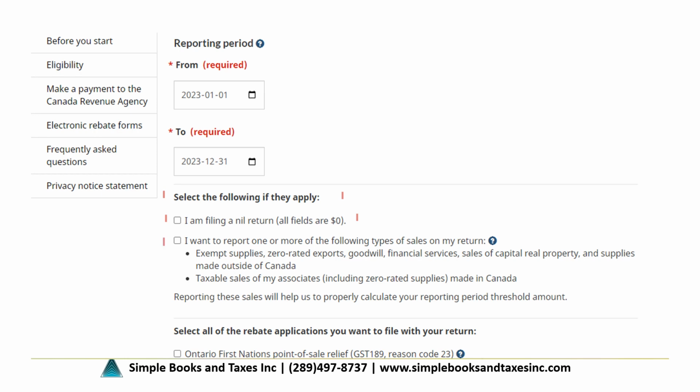Or about sales, I want to report one or more of the following types of sales on my return: exempt supplies, zero rated exports, goodwill, financial services, sales of capital real property, and supplies made outside of Canada, taxable sales of my associates, including zero rated supplies made in Canada. Reporting these sales will help us to properly calculate your reporting period threshold amount, but they do not apply to our case.